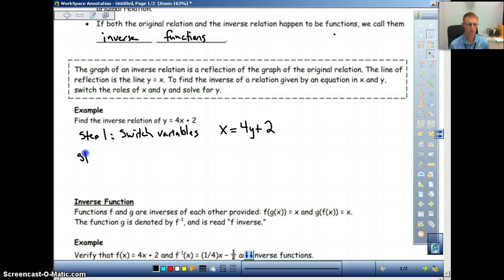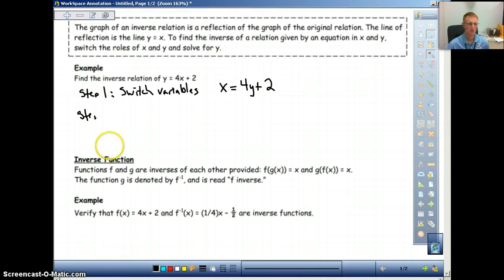Step 2 is to simply solve for y. We're going to solve for y just like we would with anything. Minus 2, minus 2.